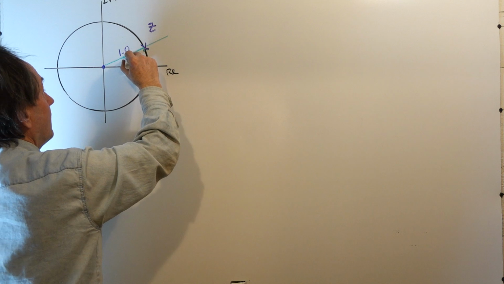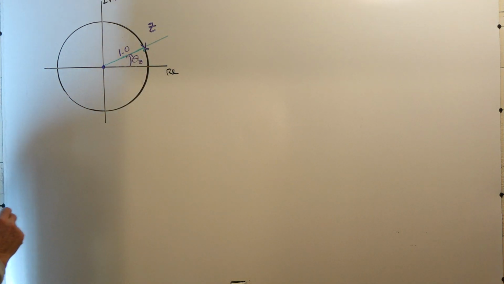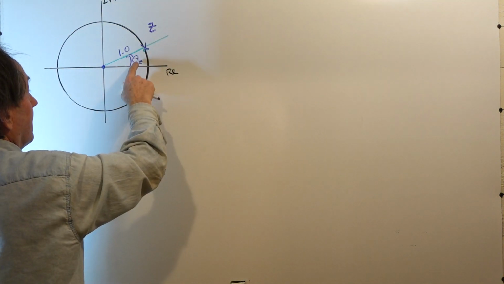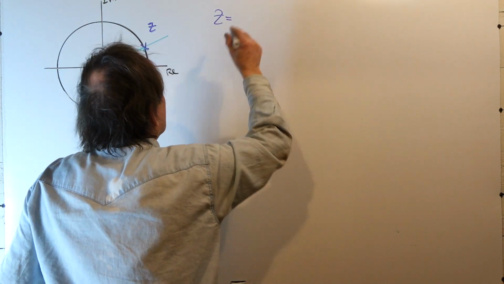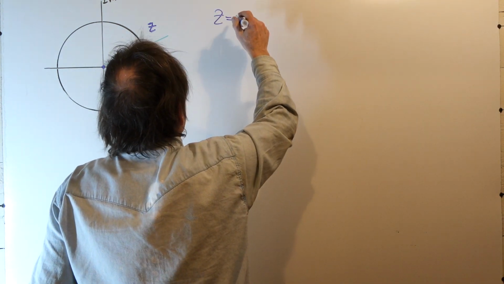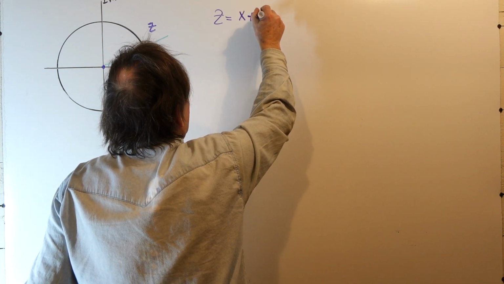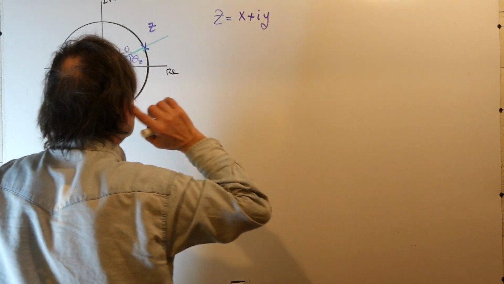And then we have an angle corresponding to that complex number. So we can represent this complex number two ways. We have the rectangular form, which tells us that we have x plus i y, where x is the real part, y is the imaginary part.